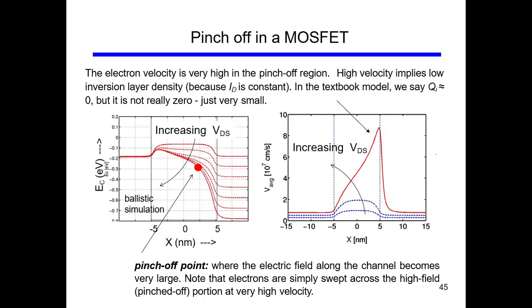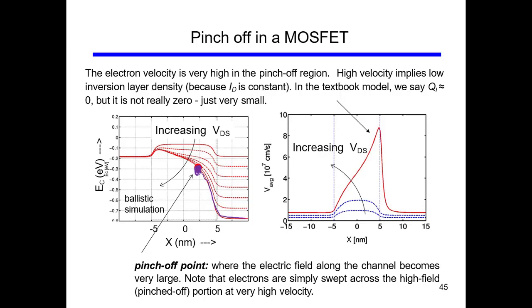So again, this is about pinch off. This is the pinch off point. Beyond the pinch off point, you see that the curve is very, very steep, which means if electrons come to this point, they will move very, very fast.